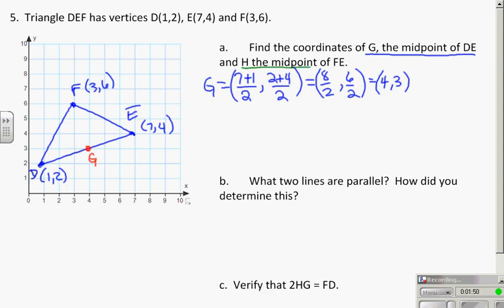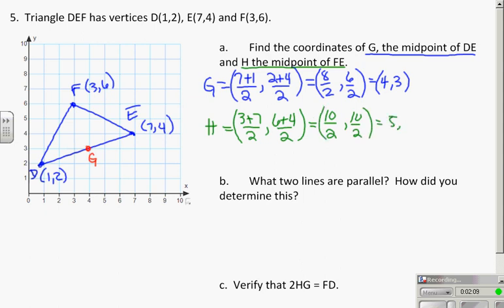Now if I go ahead and look at H, which is the midpoint of FE, I have 3 plus 7 divided by 2 for my x coordinates, 6 plus 4 divided by 2 for my y coordinates. And so I end up with 10 over 2, 10 over 2, which is 5, 5.